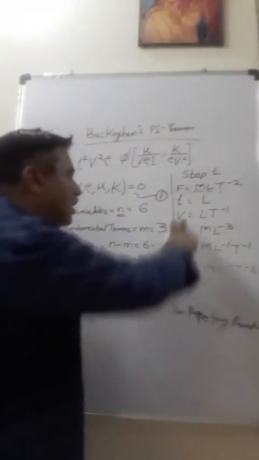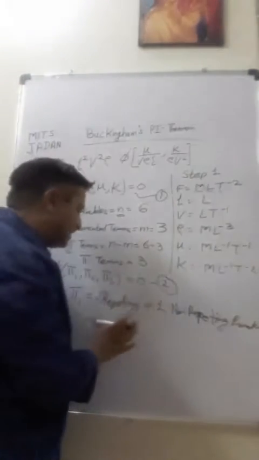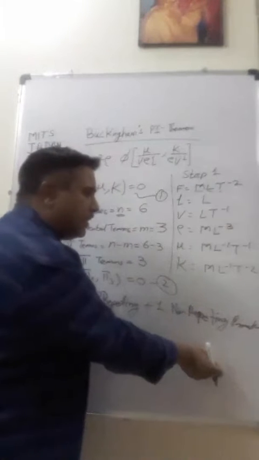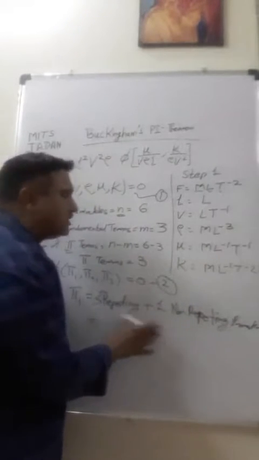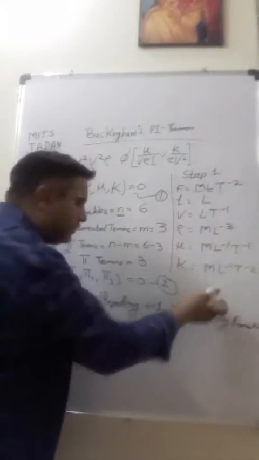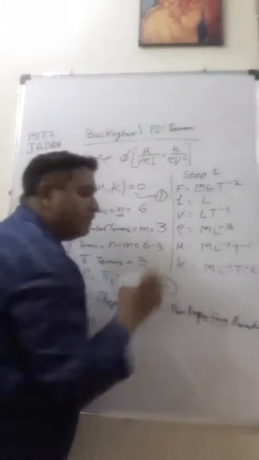Out of these 6, you can select any 3 as repeating parameters and 1 non-repeating parameter for pi 1. Then for pi 2 we will have the same 3 repeating parameters and the remaining non-repeating parameter. Then for pi 3 again we will have the same 3 repeating parameters and a non-repeating parameter.